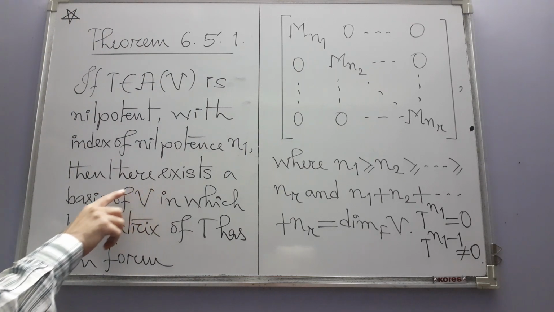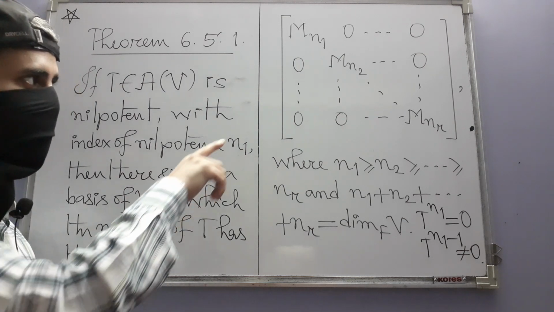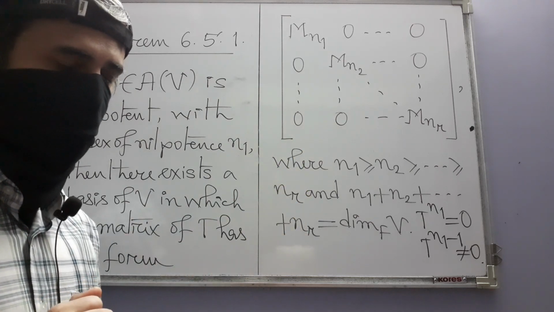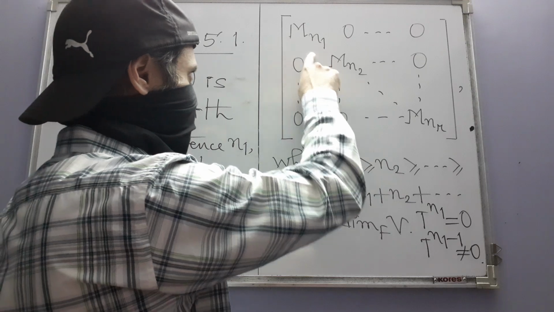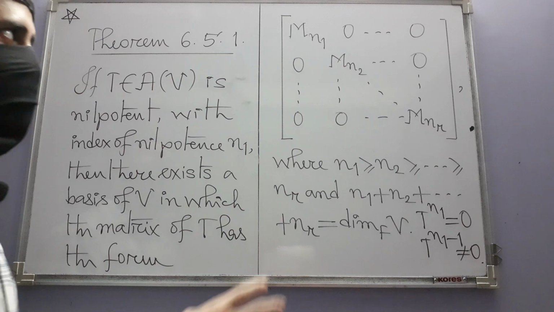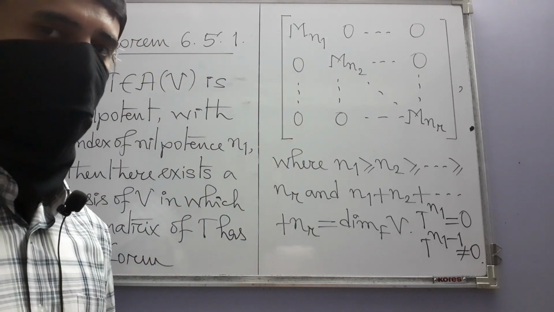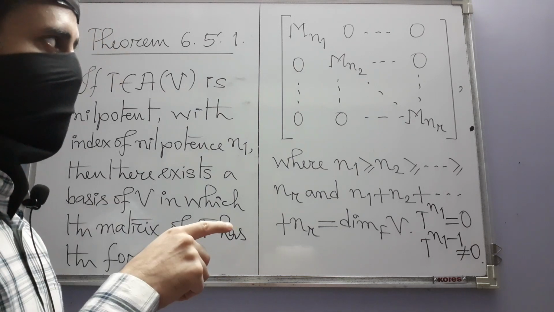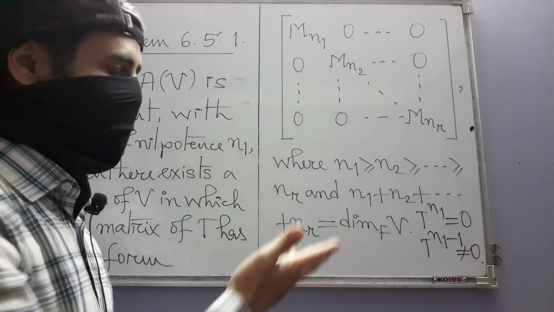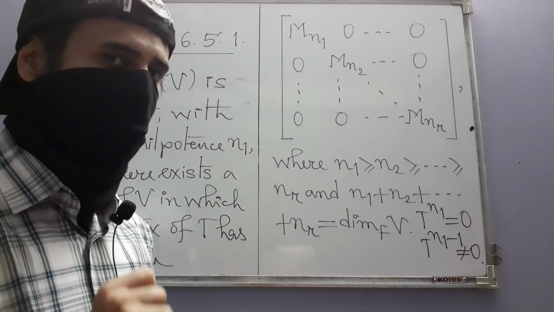Then there exists a basis of our vector space V in which the matrix of T is going to have this form, which is a block diagonal form, in which we have these diagonal blocks and we already know what these blocks are. For example, the block Mn1 is itself an n1 by n1 matrix, or more accurately, an n1 by n1 array, where all the entries are 0 except the ones on the super diagonal, which are all 1.